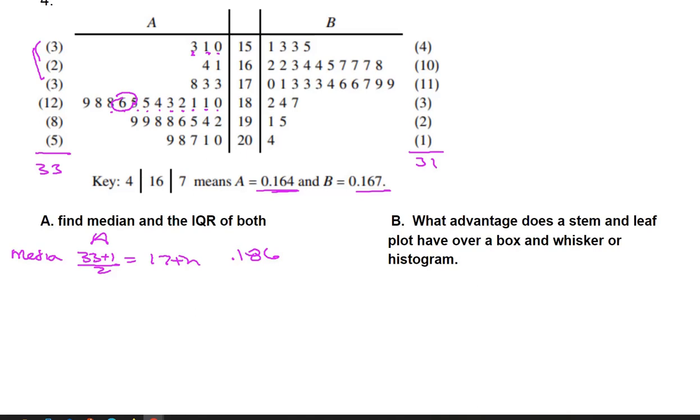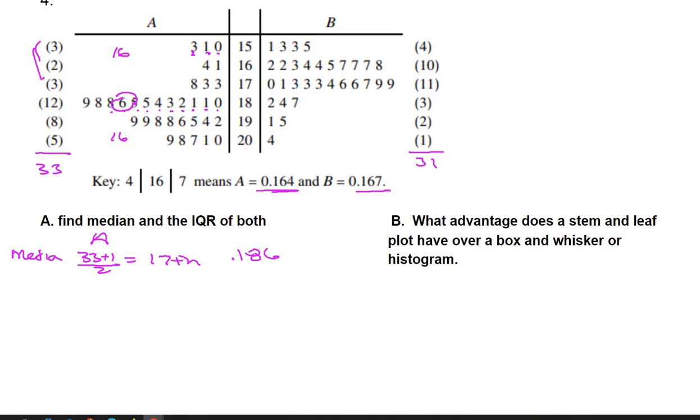All right, now to find the IQR, I need Q1 and Q3. And again, because I'm looking at actual data, I'm going to add 1, but keep in mind the Q1 is the median of the lower half. In this case, there were 33 pieces. My median is here, so that means that there are 16 below and there are 16 above.